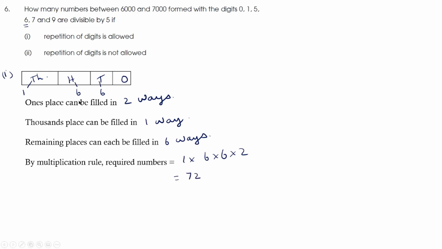And one more thing, this will include 6000, so we have to reduce 1. So it is 72 minus 1, which is 71. So the numbers between 6000 and 7000 formed with these digits and divisible by 5, when the repetition of digits is allowed, is 71.